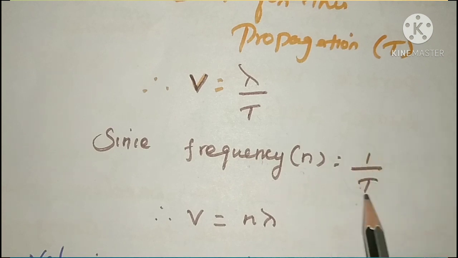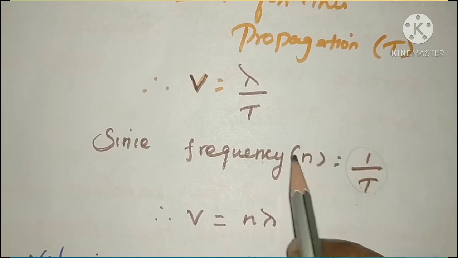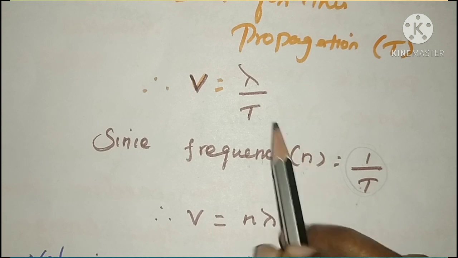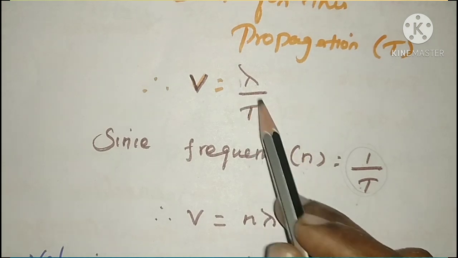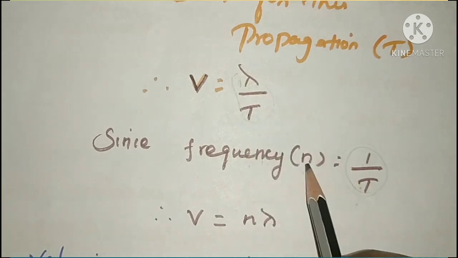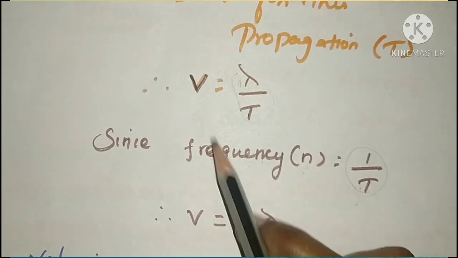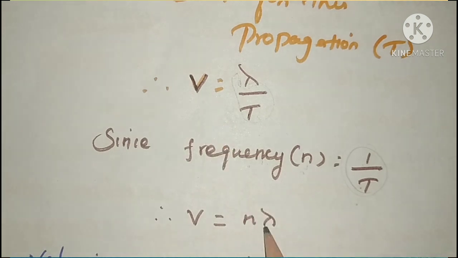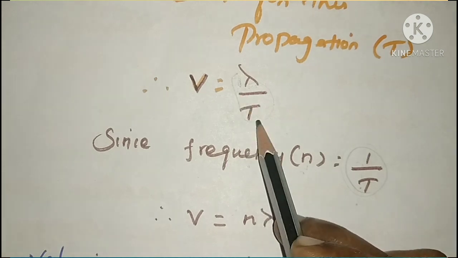So instead of this 1 by T, what do we have to substitute? The frequency. So V, that is velocity, is equal to N into lambda. N denotes this 1 by T, the reciprocal of the time period.